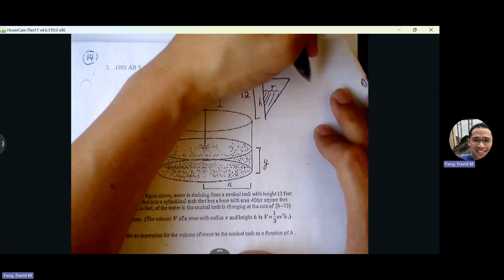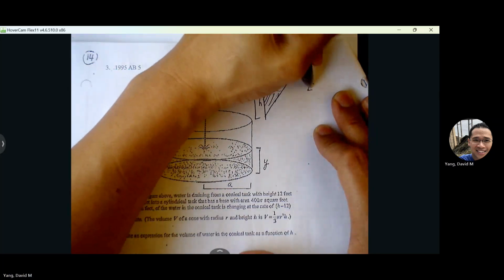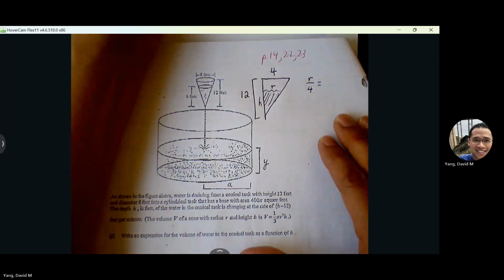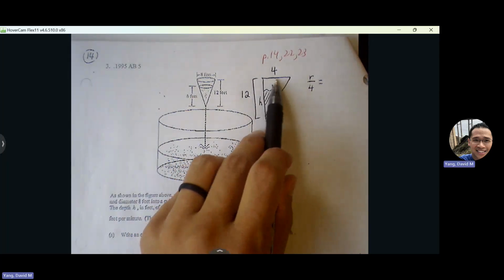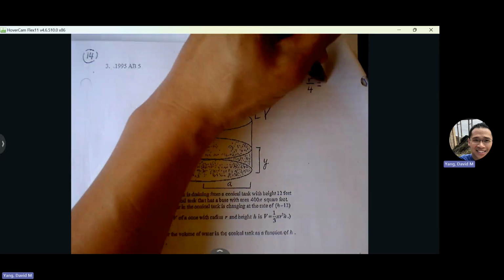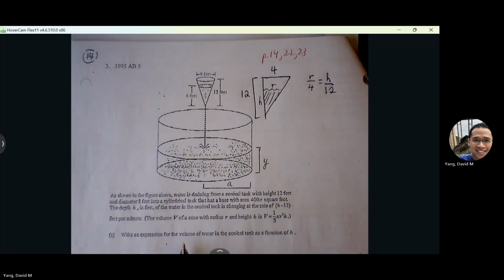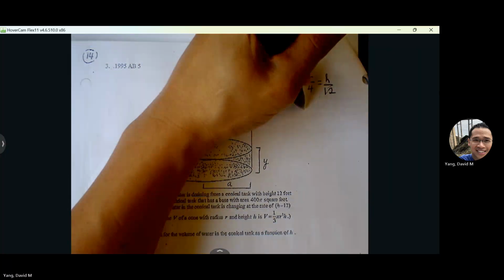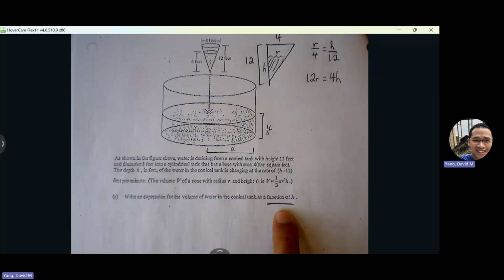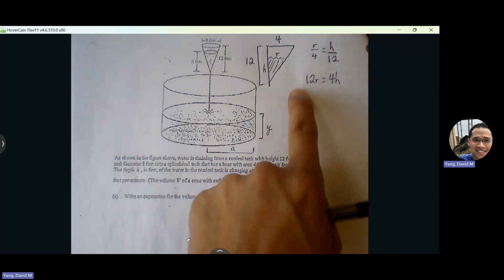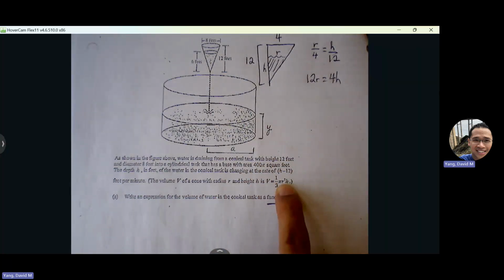So set up your proportion. Radius of the small cone is to the radius of the large cone as the height of the small cone is to the height of the large cone. It tells us that it wants everything in terms of h, so you're going to solve for r so that you can replace the r in terms of h.